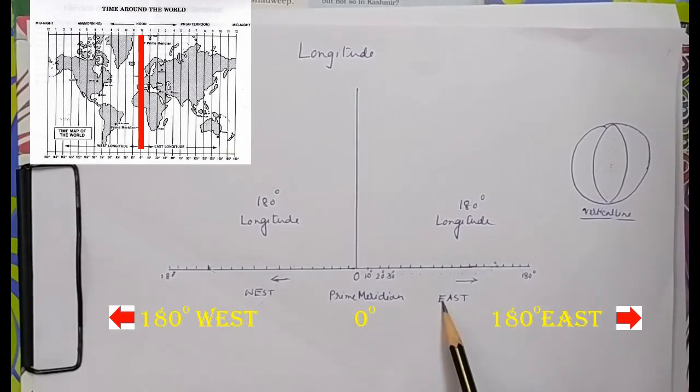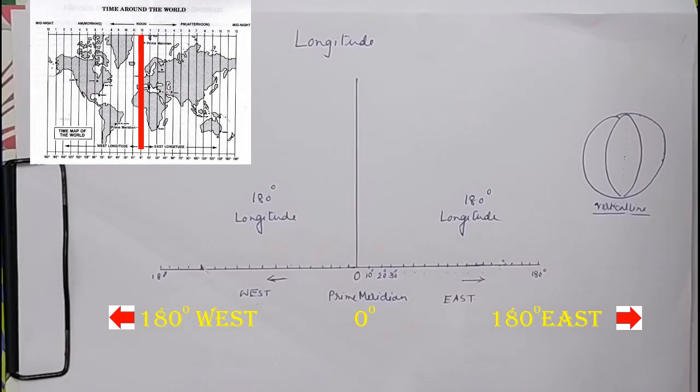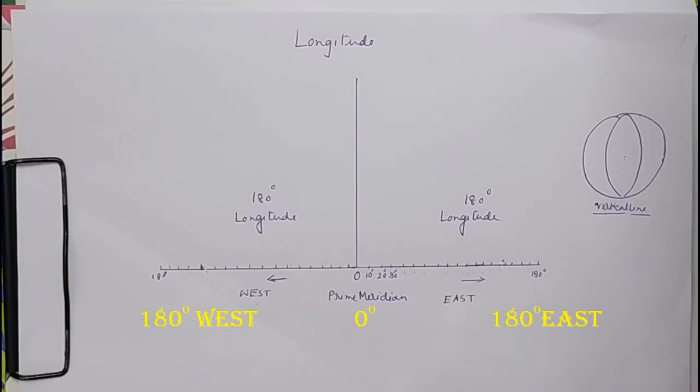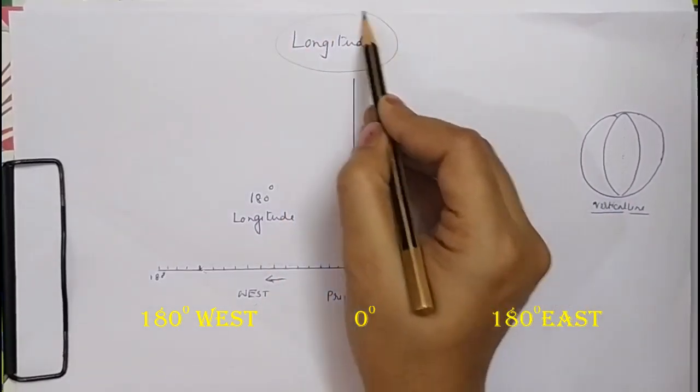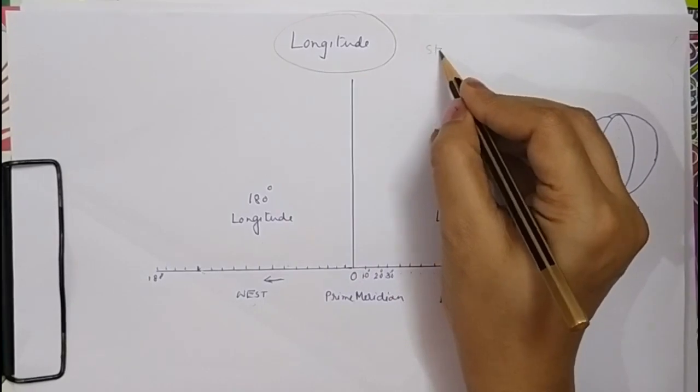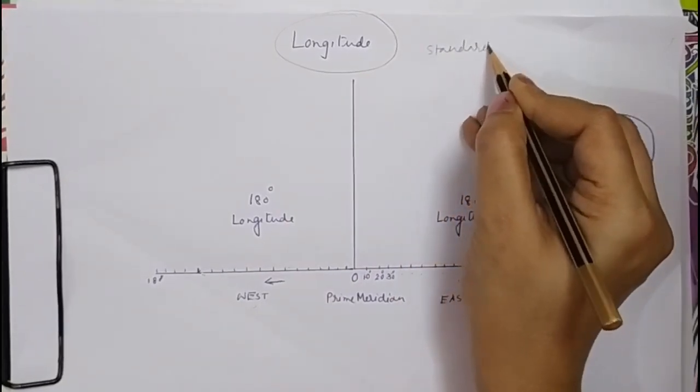Among all the longitudes, only 24 have been marked as standard meridians. The longitudes at 15 degree intervals are called standard meridians. 12 standard meridians are on the west side and 12 on the east side. So remember, not all longitudes are called standard meridians.